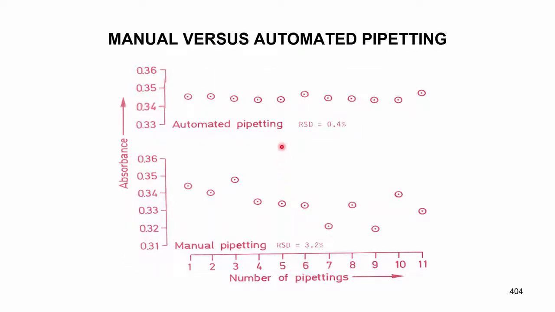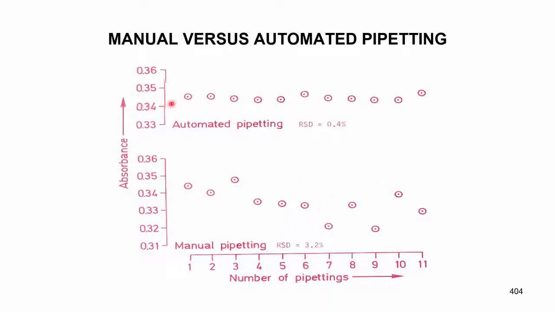Okay. So, this is the difference between manual versus automated pipetting. You can see that I have plotted absorbance here. I have taken some sample and plotted the absorbance through the automatic pipetting, that is through the carousel, and here I have done it manually.